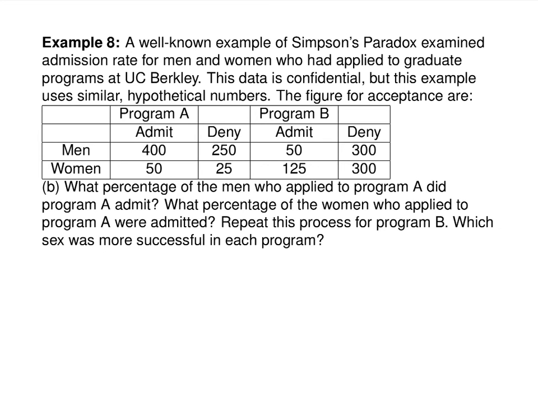So what percentage of the men who applied to Program A did Program A admit? For men, Program A, we have 400 out of 650 total, which comes out to be 61.5%.